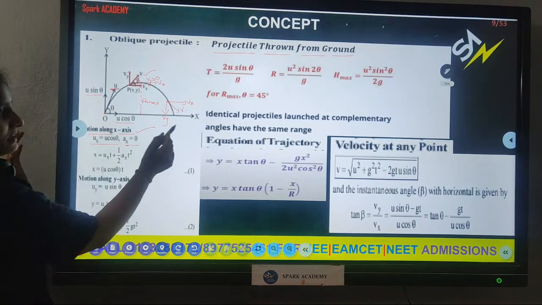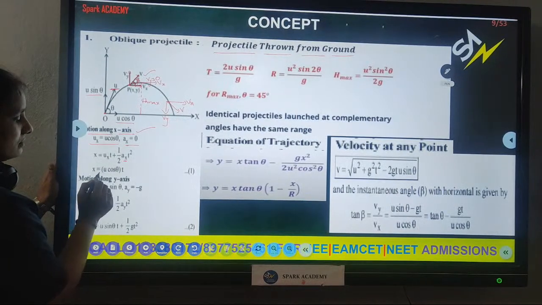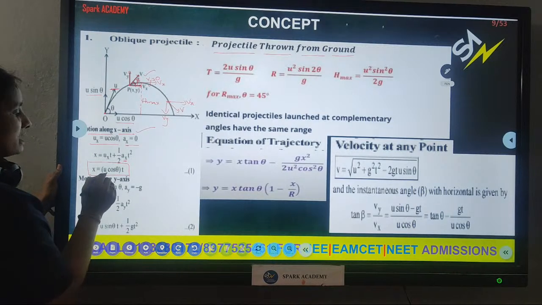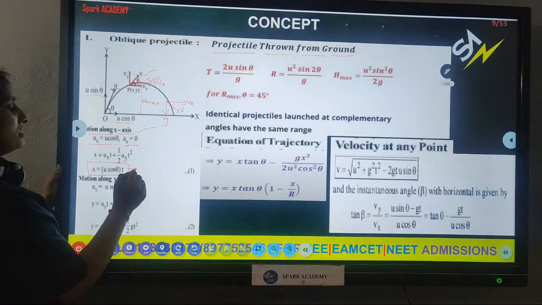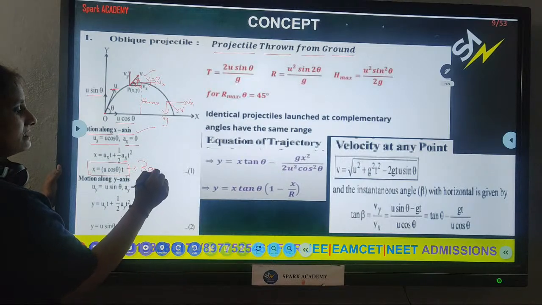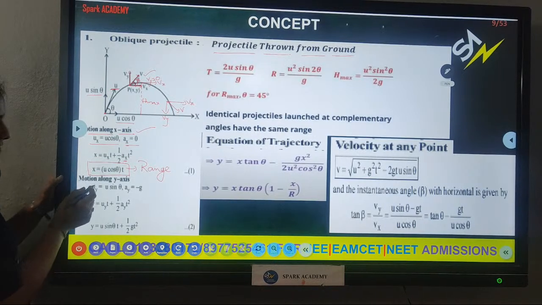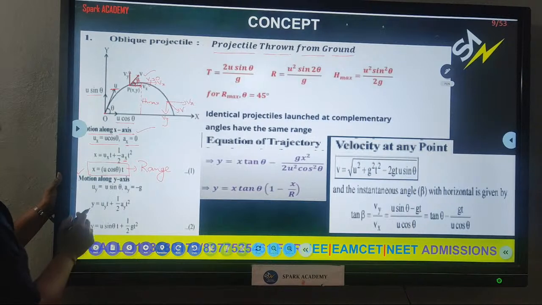So horizontal distance covered will be, put ax value 0 here, then it becomes x is equal to u cos theta into t. This maximum horizontal distance covered is called range.